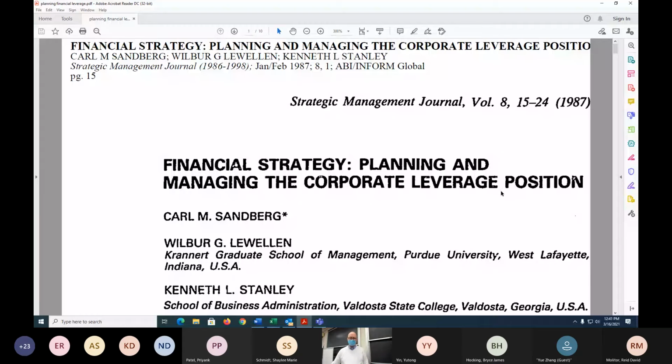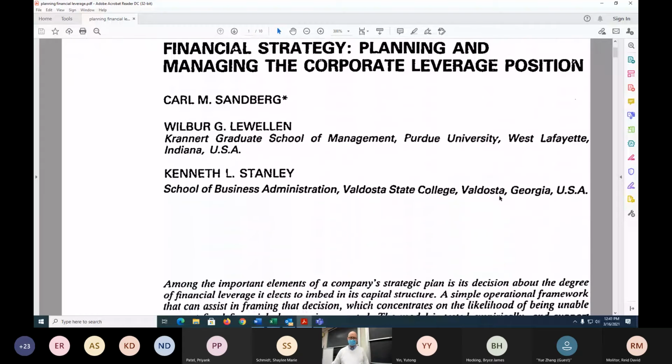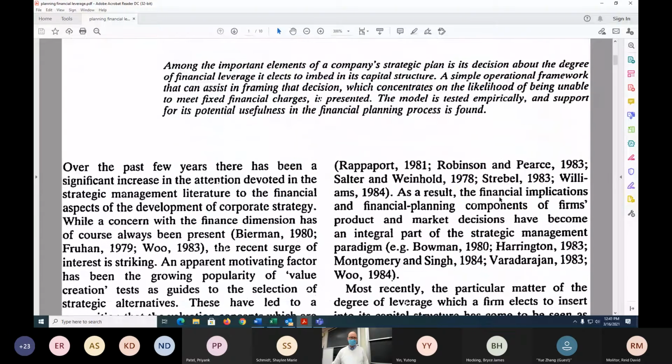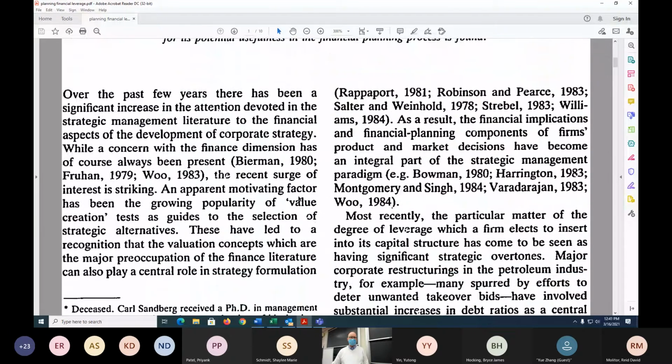But look at the first question they ask here. Over the past few years, there's been a significant increase in attention devoted in the financial management literature to the financial aspects of the development of corporate strategy. While a concern has always been present, the recent surge of interest is striking.